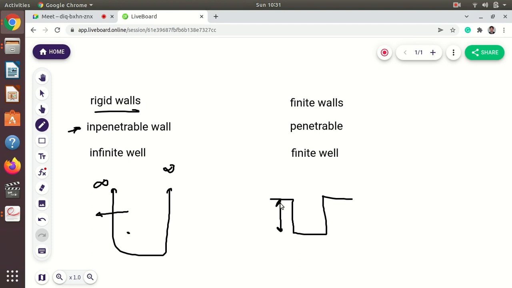Whatever we are talking about is called a potential well. This graph shows potential energy versus distance.